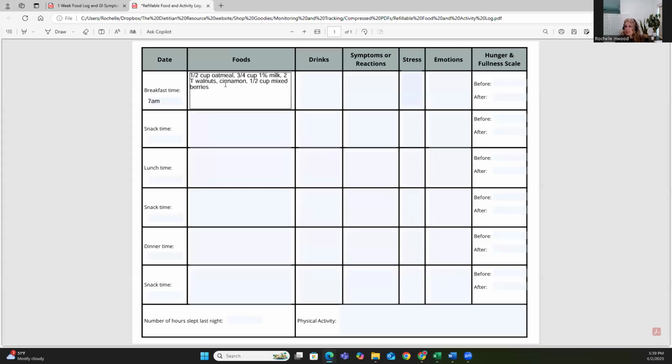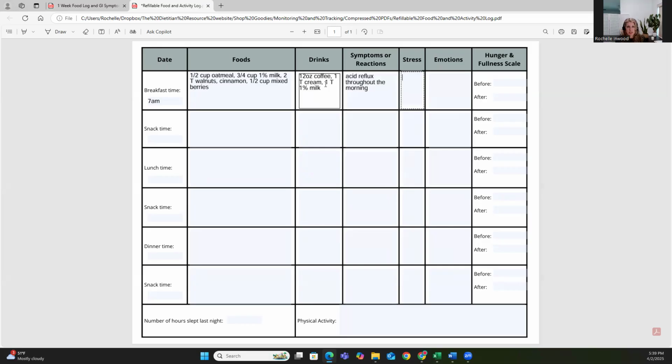And then drinks, they had 12 ounces of coffee, and then maybe 1 tablespoon of cream and 1 tablespoon of 1% milk. And then the symptoms and reactions that maybe they experienced was, let's say, acid reflux throughout the morning here.